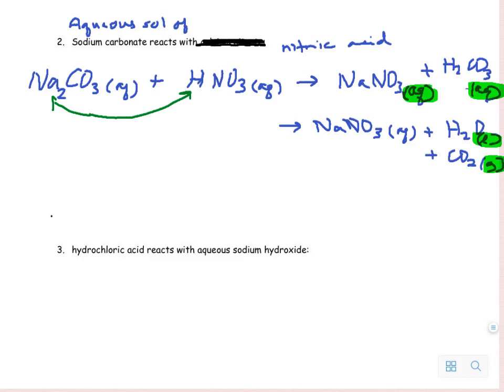The equation is not balanced because you have two sodiums on the left. You need two on the right. So 2 in front of the NaNO3. That gives you two Nas, two NO3s. So you need 2 in front of the HNO3, and that gives you 2 H's.